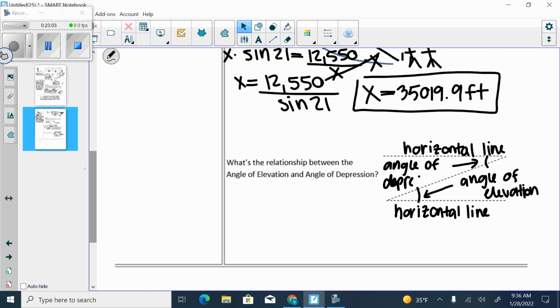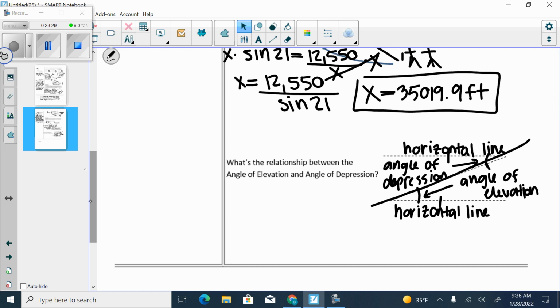Okay, so like you said, they do both have horizontal lines, right? If these two lines are horizontal, are they ever going to intersect? No. What do we call lines that don't intersect? Parallel lines. Okay, so this line and this line are parallel. Your line of sight acts like a transversal. What kind of angles are these two? Alternate interior angles.